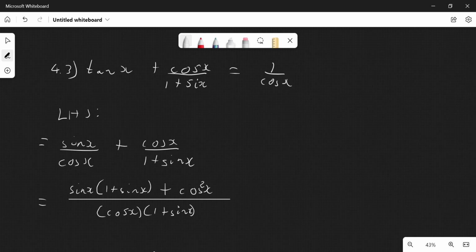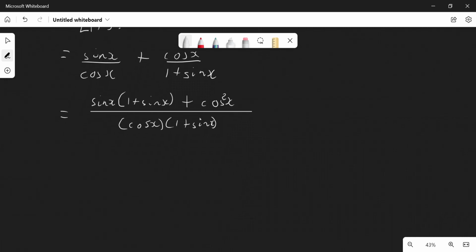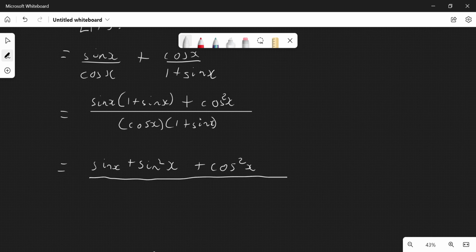That one multiplied with that one. Here we'll multiply our top out: sine x plus sine squared x plus cos squared x. Bells ringing in my head, identity at the top there.